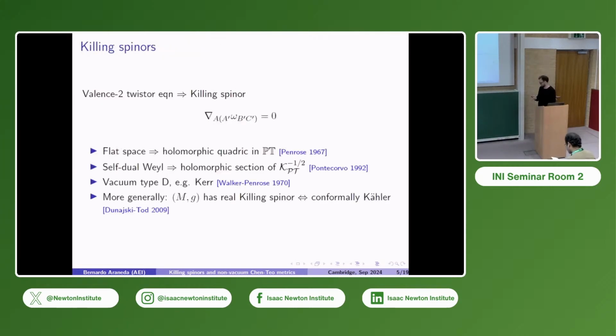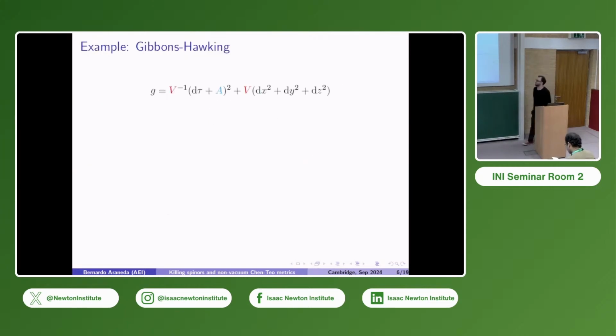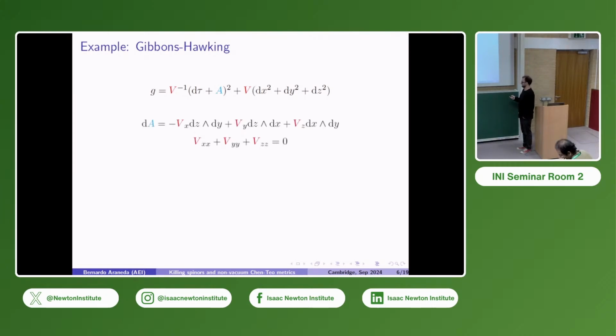As an example, probably everybody is familiar with this, but this is something called the Gibbons-Hawking ansatz. This is a class of four-dimensional Riemannian metrics, which depends on a scalar function V and a one-form A, such that these equations are satisfied.